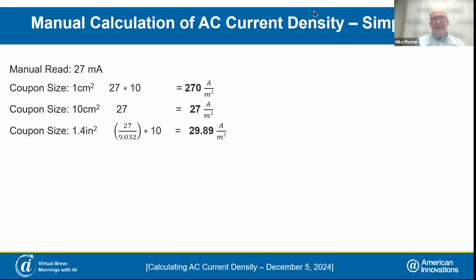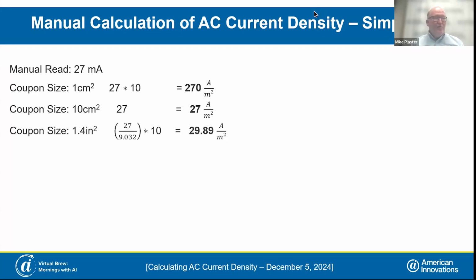So if you're taking a microamp or amp reading, just convert it to milliamps and it's a 1 to 1 scenario. For the 1.4-inch squared coupon, that's a little more involved, but not too much. You have to take your milliamp reading, divide it by that 9.032 times 10, and that'll give you your amps per square meter.